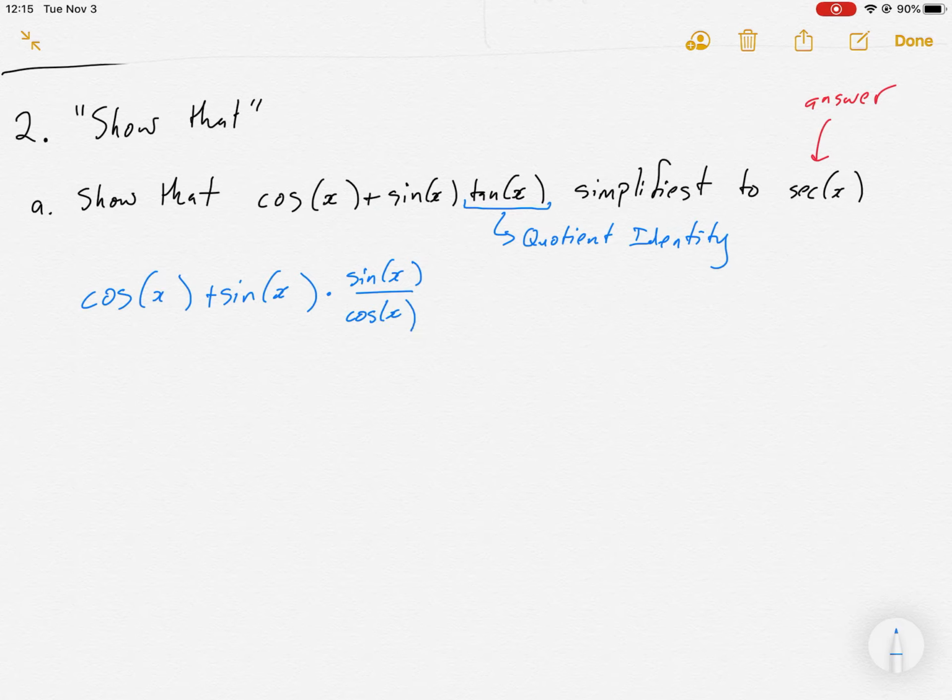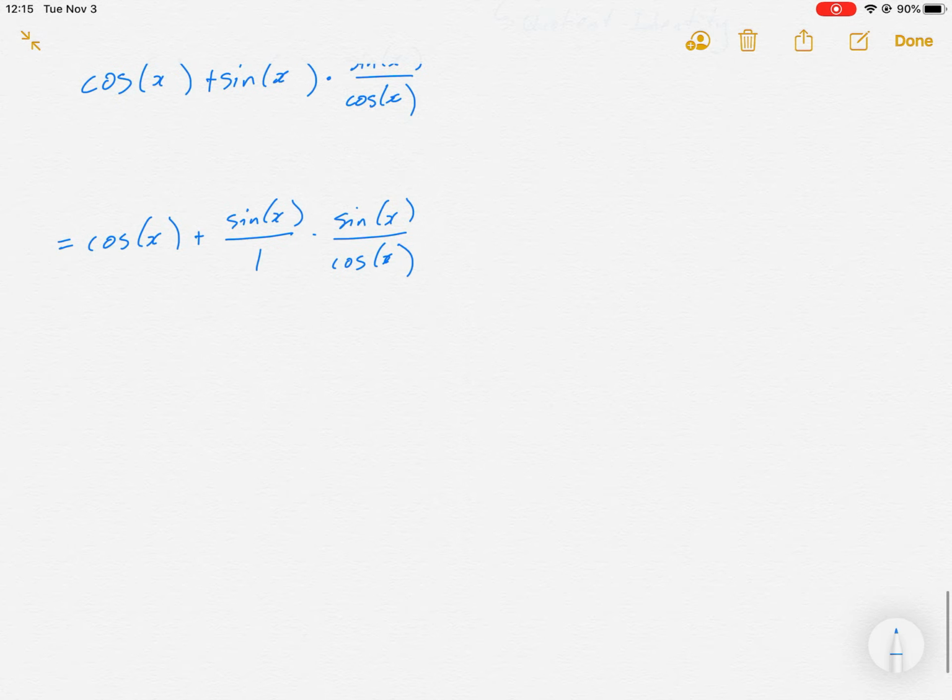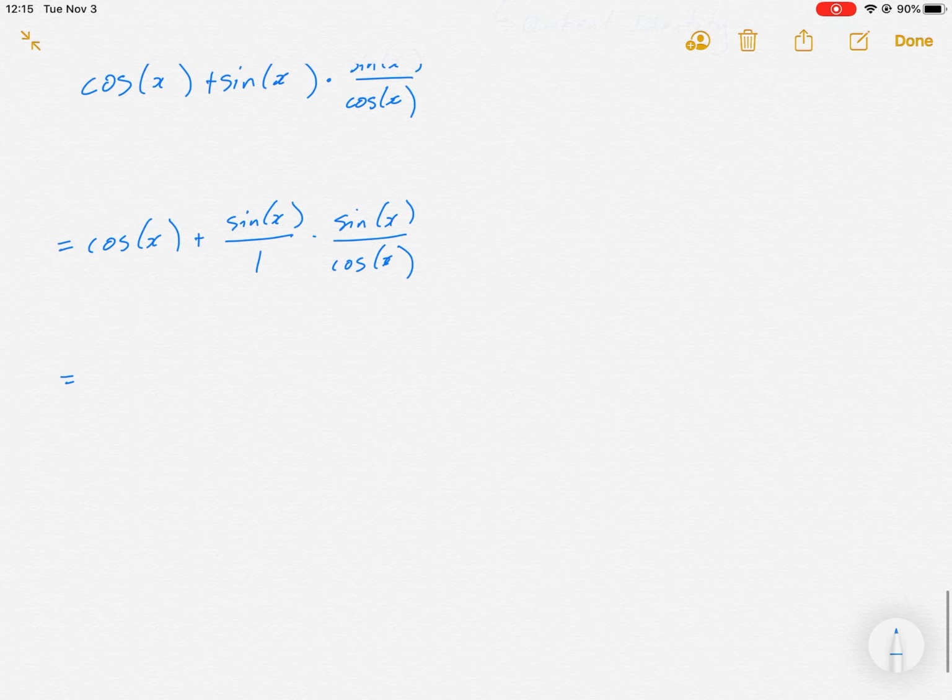Now hopefully you're going to start getting pretty good at multiplying fractions, but I will take this an extra step first, just to remind you that when you multiply a fraction, it looks like this. So this gives me cosine of x plus sine squared of x over cosine of x.